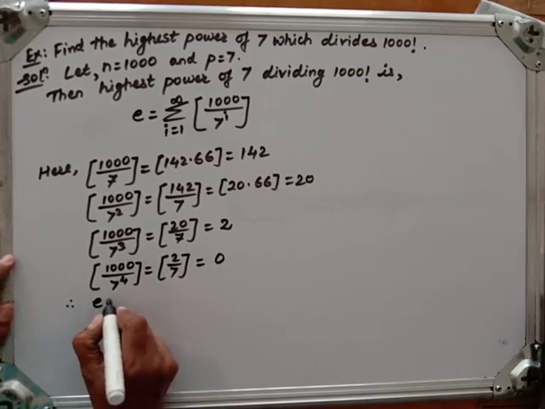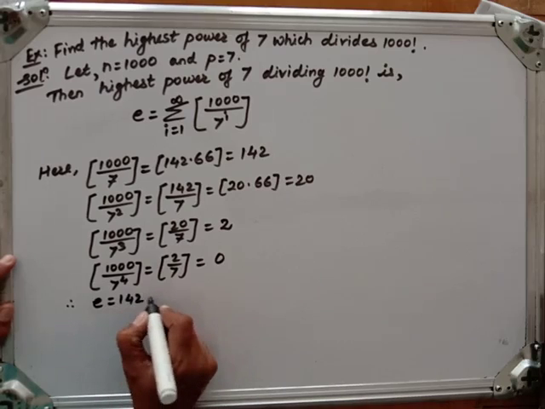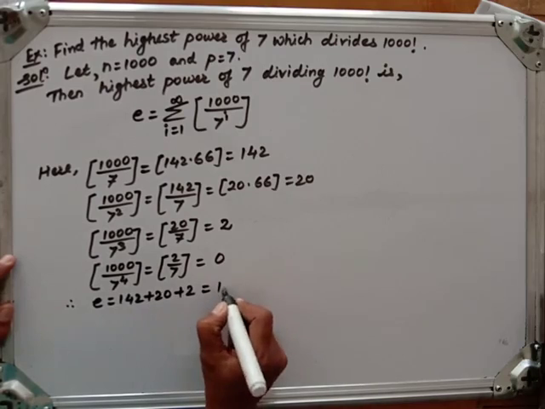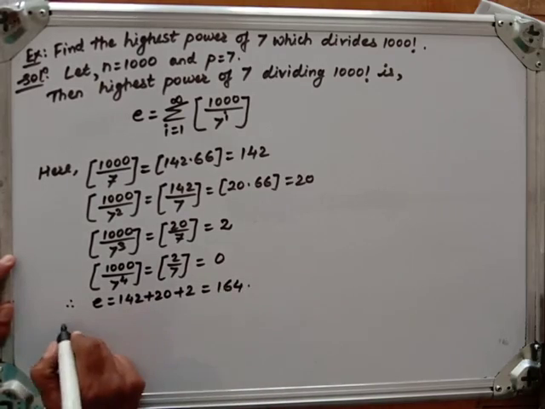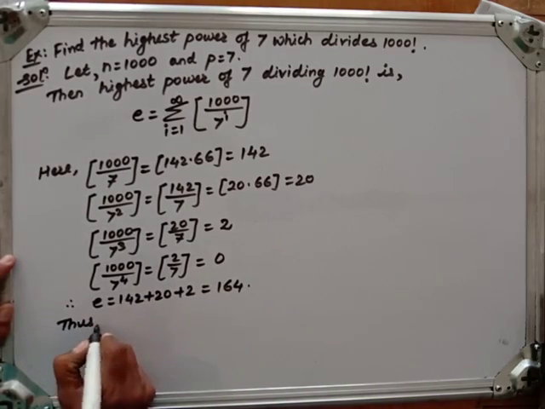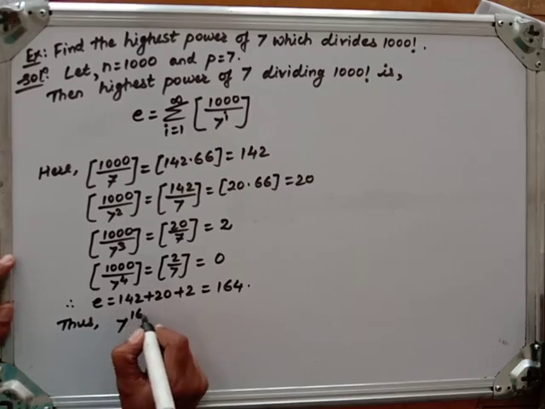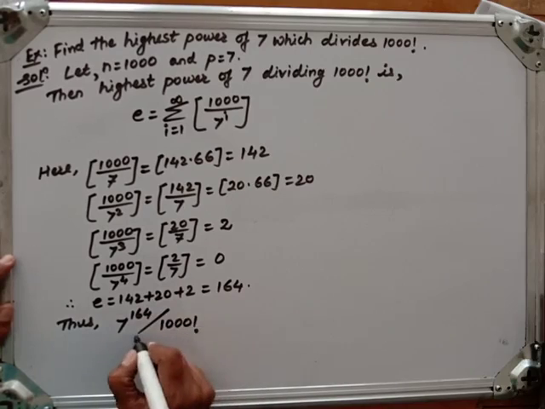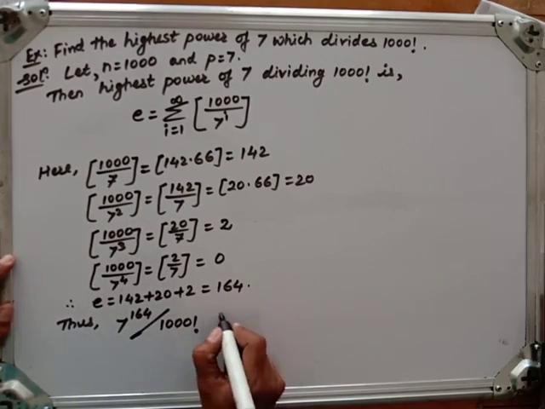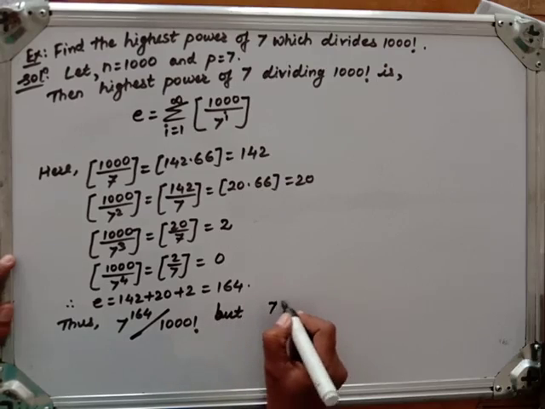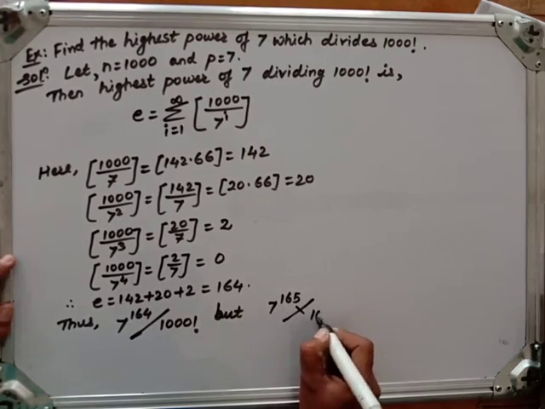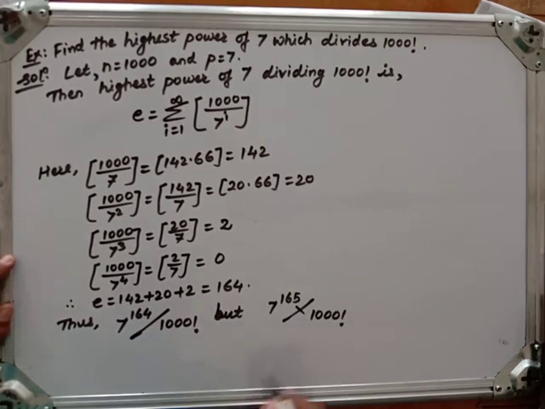Therefore E is equal to 142 plus 20 plus 2 is equal to 164. Thus 7 raised to 164 divides 1000 factorial. But 7 raised to 165 doesn't divide 1000 factorial.